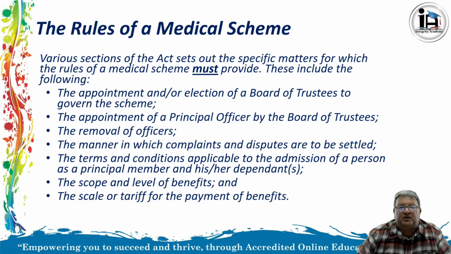These include the following: the appointment and or election of a board of trustees to govern the scheme, the appointment of a principal officer by the board of trustees, the removal of officers, the manner in which complaints and disputes are to be settled, the terms and conditions applicable to the admission of a person as a principal member and his dependents, the scope and level of benefits and the scale of tariffs for the payment of benefits.